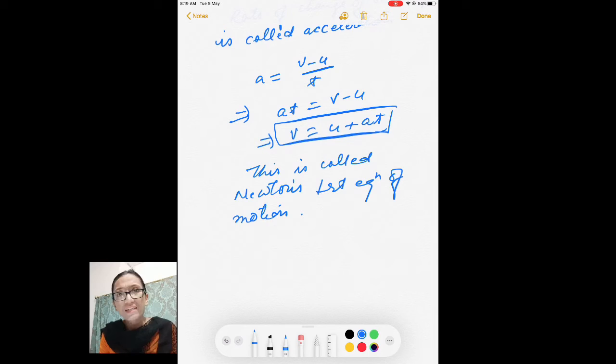So if velocity is decreasing, the rate of change of velocity will be negative, and that is called deceleration.